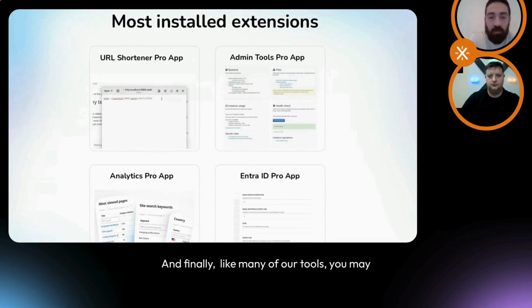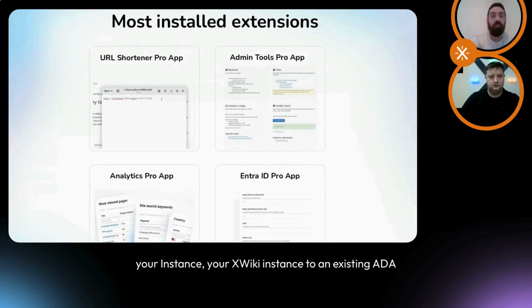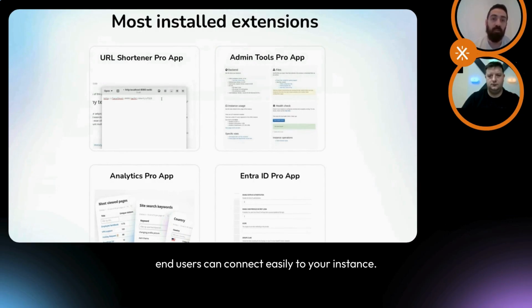And finally, like many of our tools, you may want and need to associate your knowledge management tool to an external authentication application. This Entra ID pro app is allowing you to link your XWiki instance to an existing AD header authentication service. So making sure that your end users can connect easily to your instance.